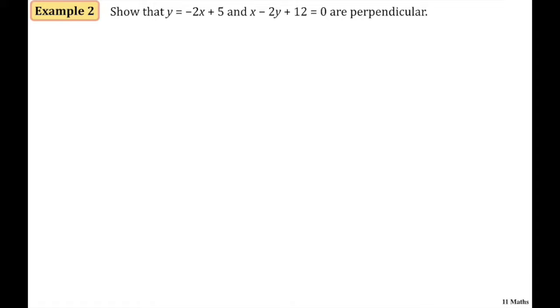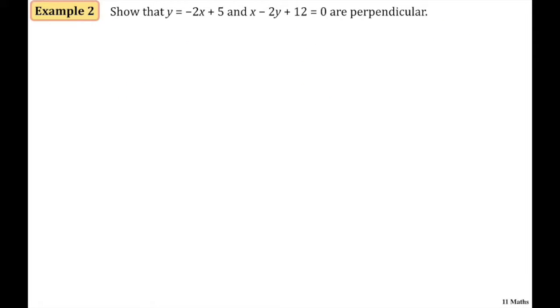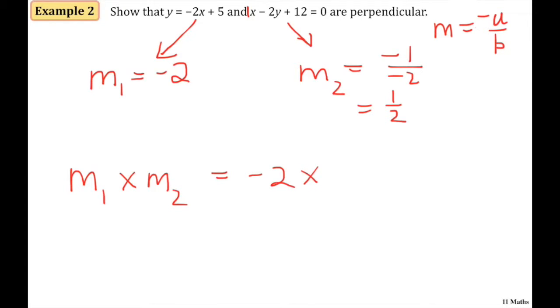We're using minus A over B. The second line has a gradient, using minus A over B, of -1, because the number in front of x is a 1, over -2, which is a half. m1 times m2 equals -2 times a half, because I'm multiplying the two gradients together, which equals -1.